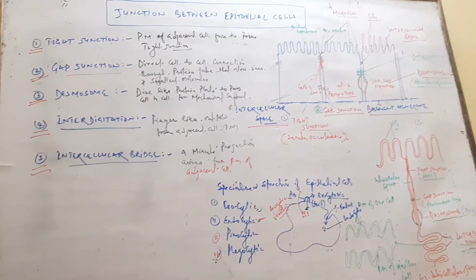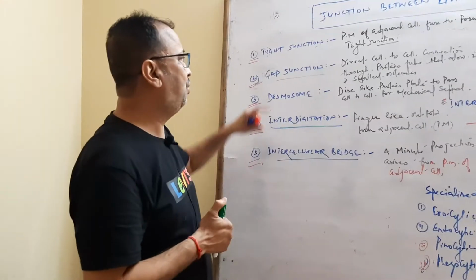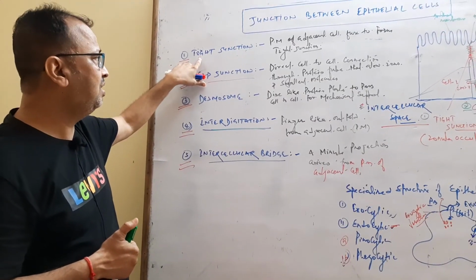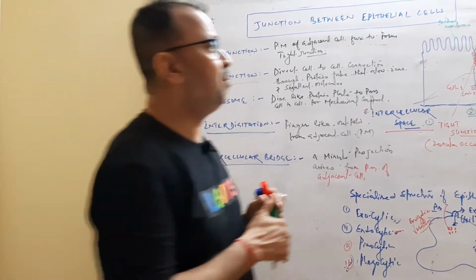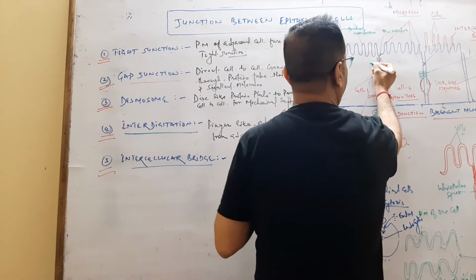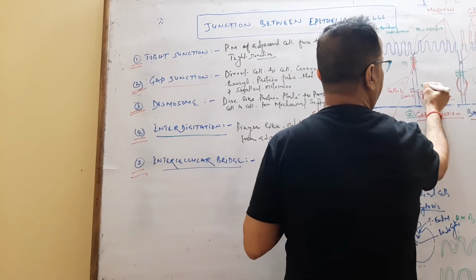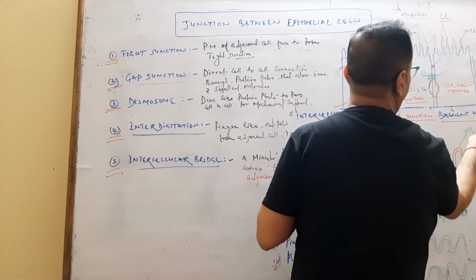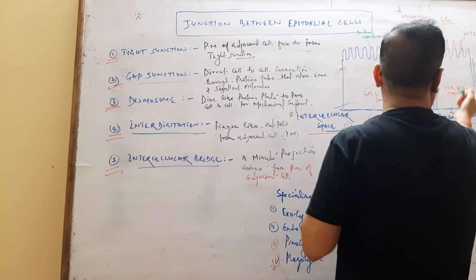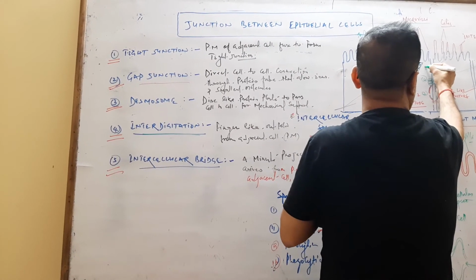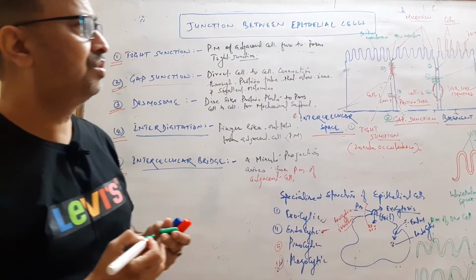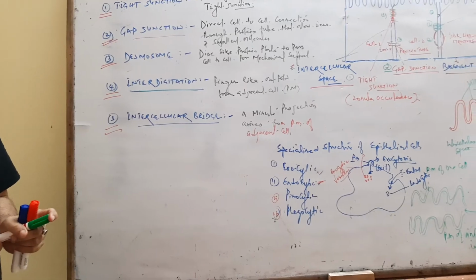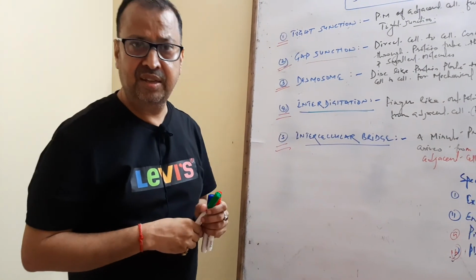First one is the tight junction. If you are given pictures, suppose this is the first, second, third, fourth, and last is the fifth one, you have to identify in detail which type of junction is there. Okay, thank you.